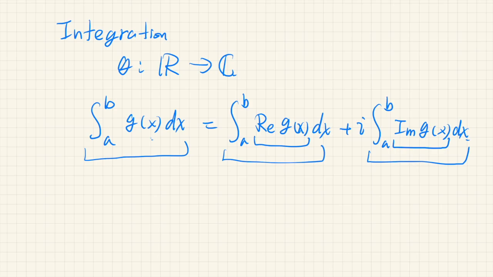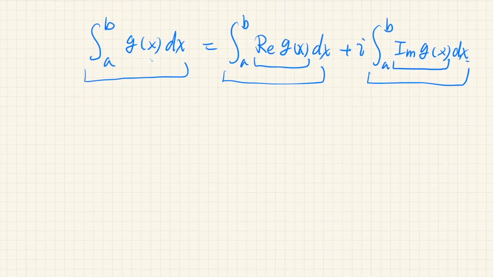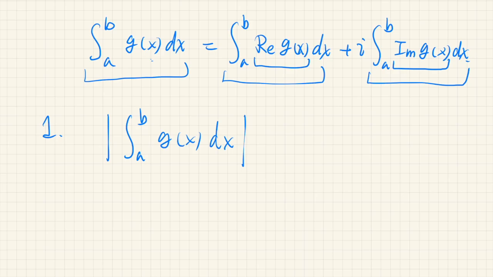And many of the properties of definite integrals also apply to complex valued functions, as long as it makes sense. For example, first, we have this property derived from the triangle inequality. The absolute value of the integral, so this is the modulus of a complex number, okay?